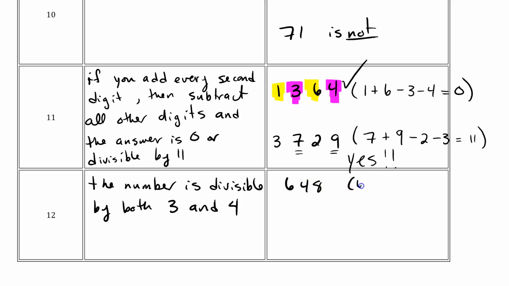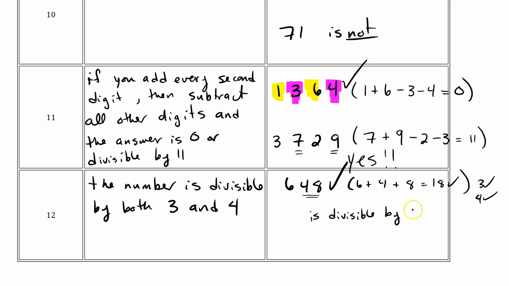We're going to say 6 plus 4 plus 8 equals 18. So that is divisible by 3. Is it divisible by 4? Let's check the last two digits. Yeah, because 4 times 12 is 48. So we're saying it's also divisible by 4. So that means 648 is divisible by 12.